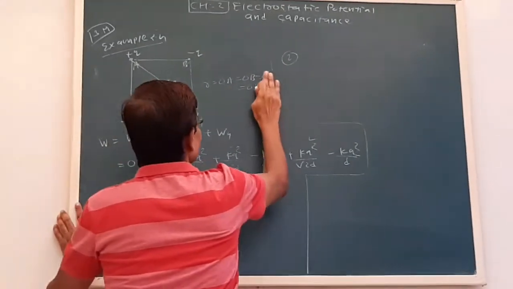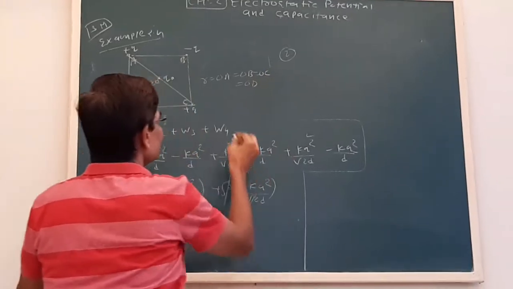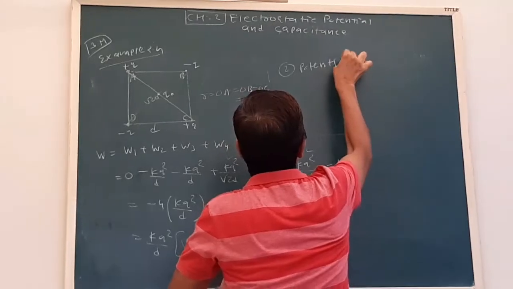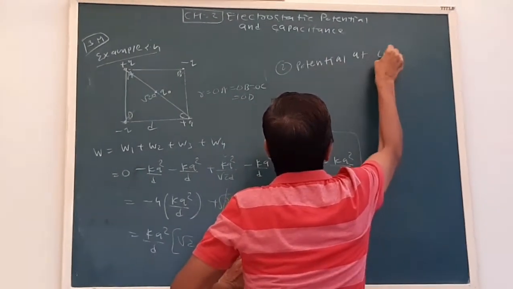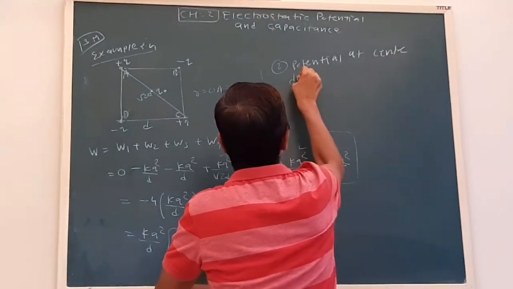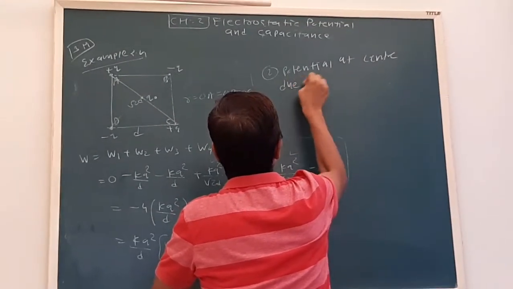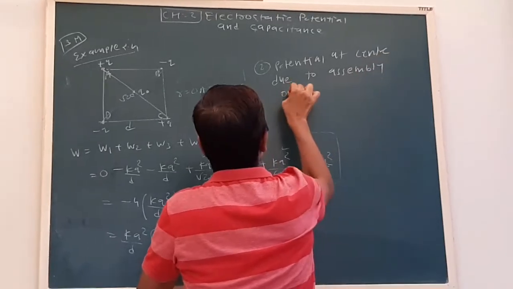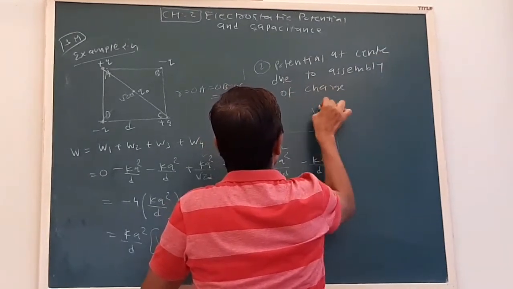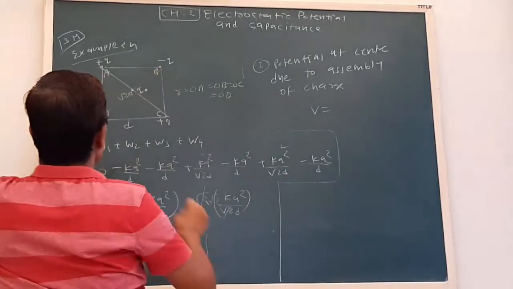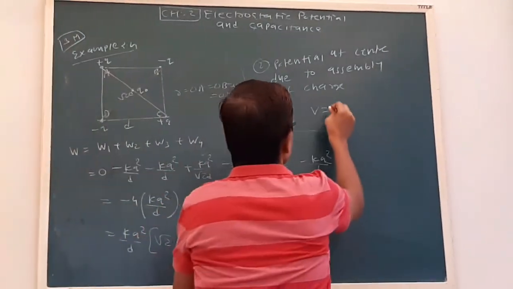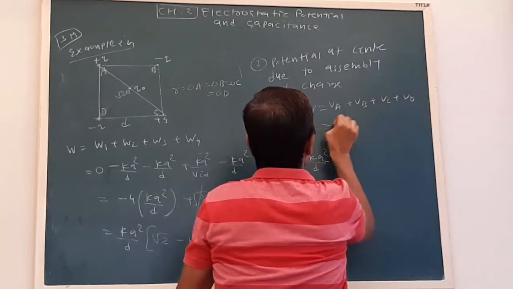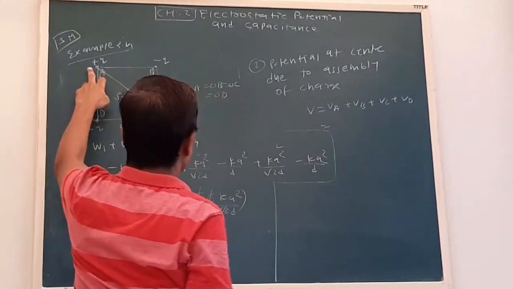The distance of each vertex from the center is the same. Then the potential at the center due to the 4 charges A, B, C and D, we write, will be KQ by R.